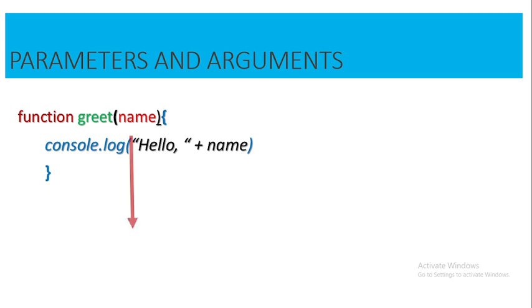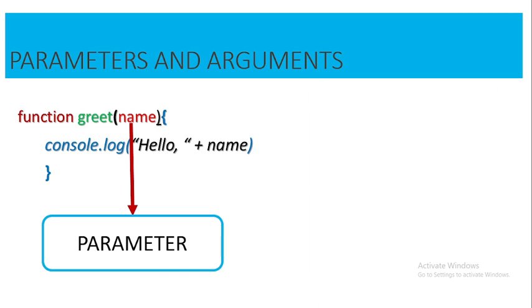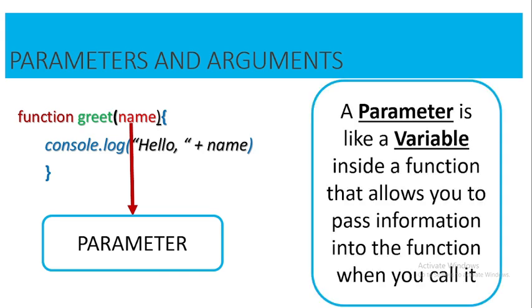This name inside the parenthesis is called a parameter. It allows you to pass information to the function, so the set of instructions inside the function can use that information. That is what we call a parameter.